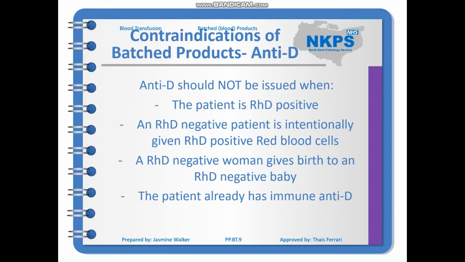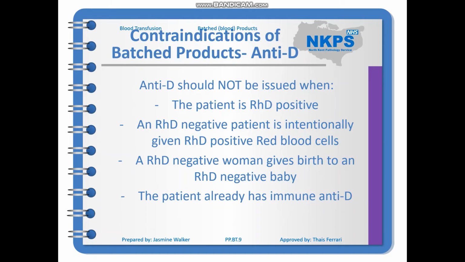So you would have to give a lot of prophylactic anti-D to be able to deal with that amount of red blood cells circulating. Prophylactic anti-D will attach to the red blood cells that you have transfused and will mark them as we need to destroy these because they're foreign.